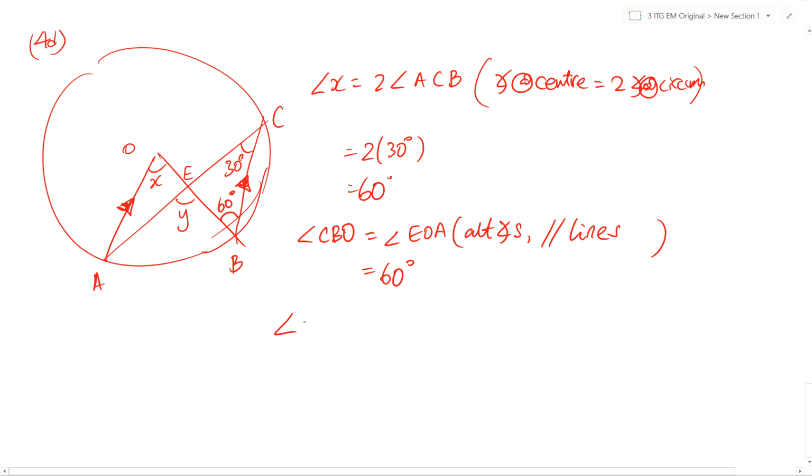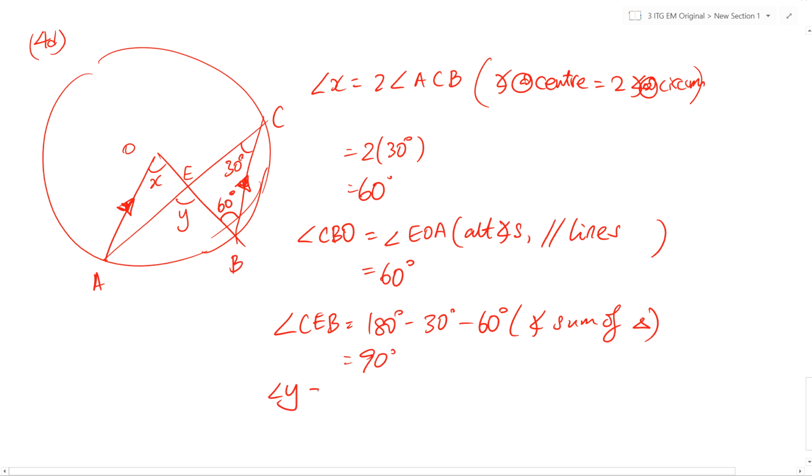So angle CEB, 180 degrees minus 30 minus 60, angle sum of triangle. So angle y must be 180 minus 90 degrees, adjacent angles on a straight line. Done.